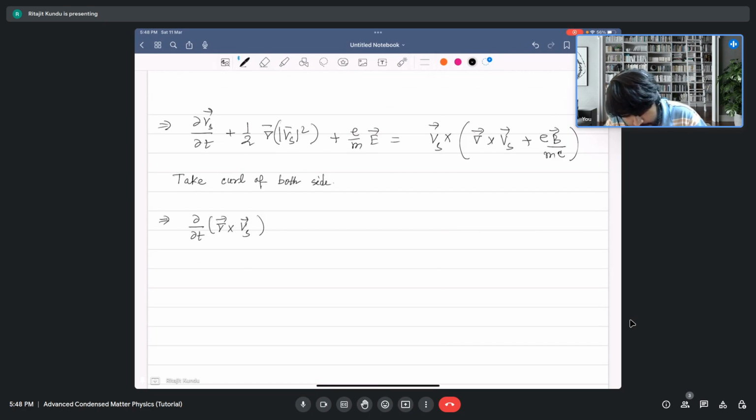Okay, and so we notice that curl of some gradient is actually 0.